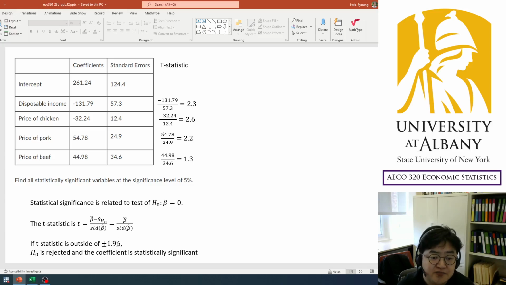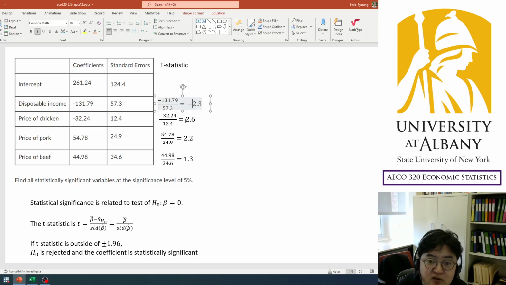You remember that. So plus minus 1.96 is the threshold. By the way, they are negative. I forgot to put negative signs. Not a big problem.